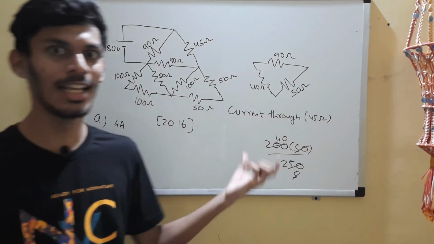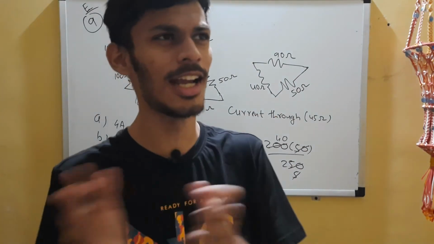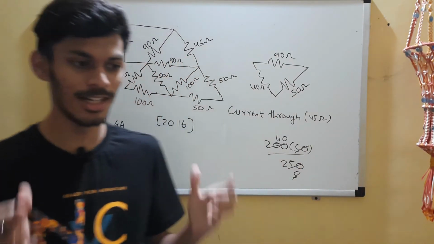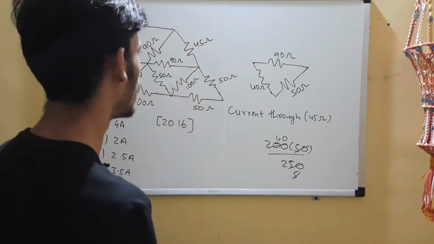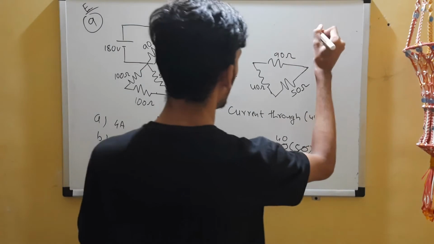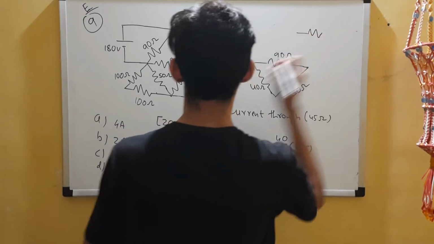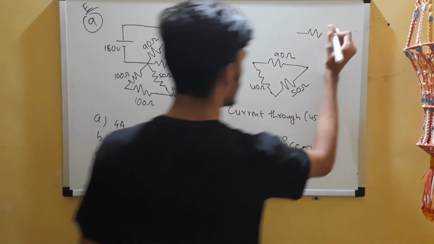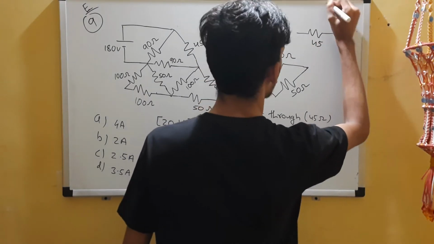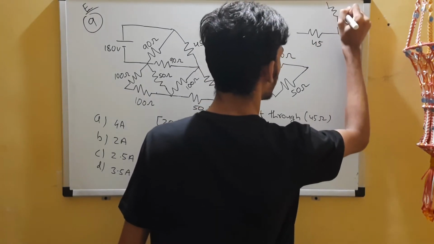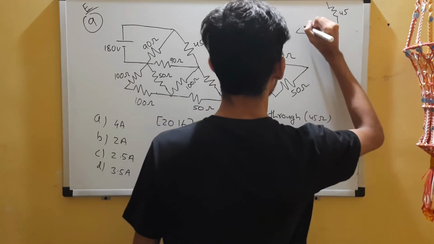So 90 and 90 in parallel makes it 90 by 2, R and R in parallel makes it R by 2. So here we'll have 90 by 2, which is 45. We can replace this now by 45. So we have simplified this part now. So here we'll have 45, here again 45. So finally we have this circuit.